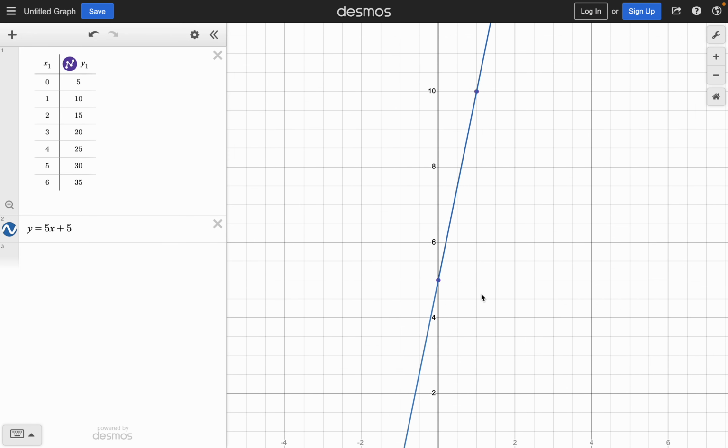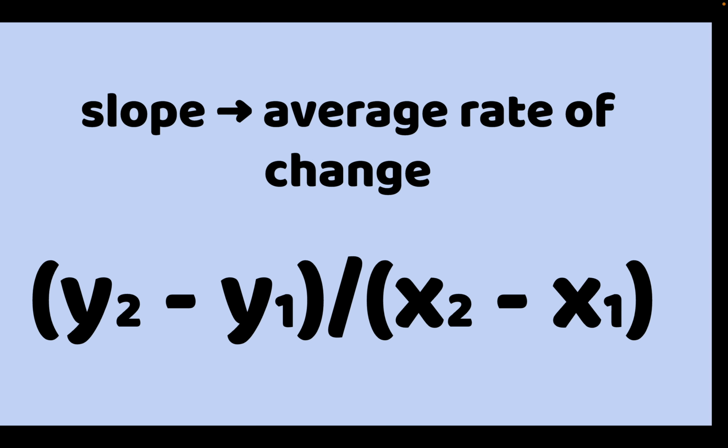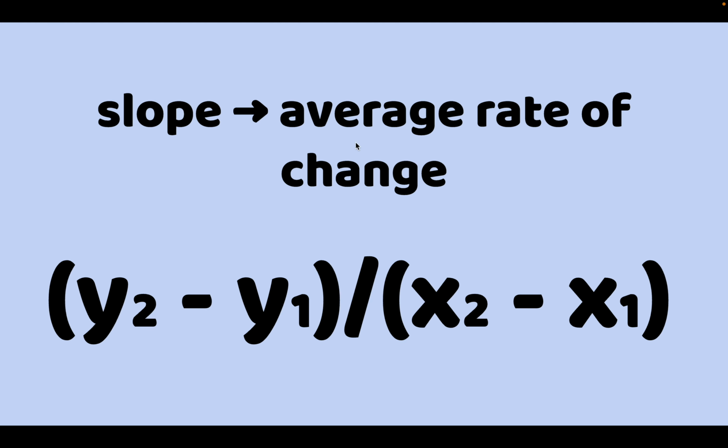So here you can see that 0 to 5, 1 to 10. So from 0 to 1, it changed 1 unit, and then 5 to 10, it changed 5 units. So as you go on, let's say 0 to 1, 1 to 2, 2 to 3, every time you're adding 5. So here we know that our average rate of change will be 5.